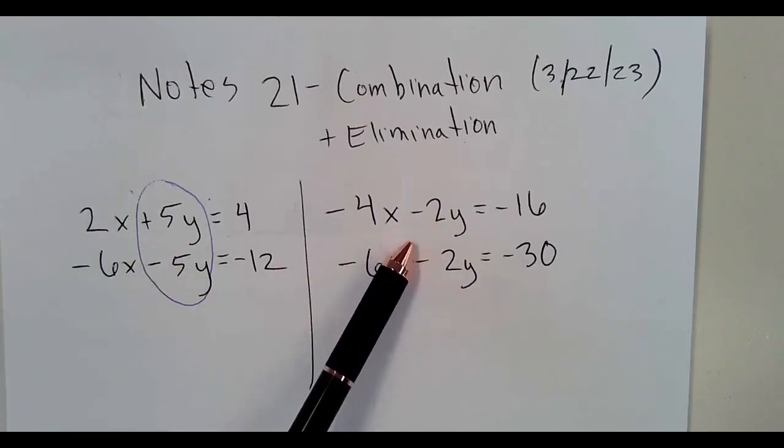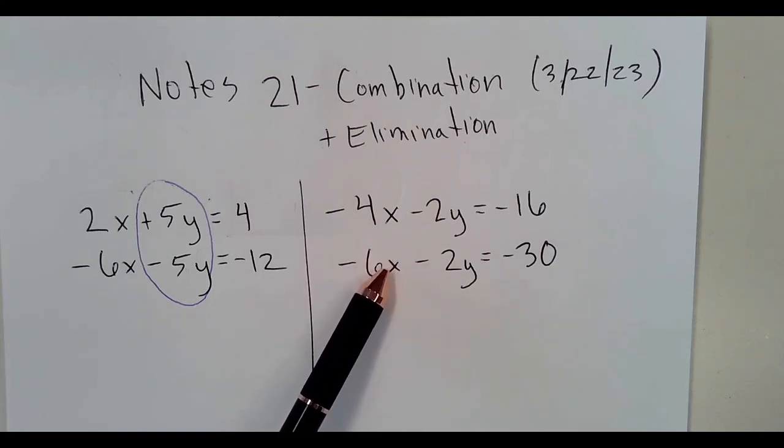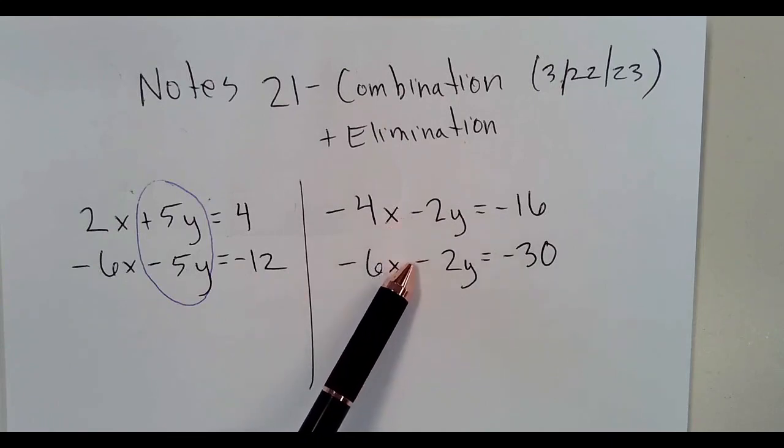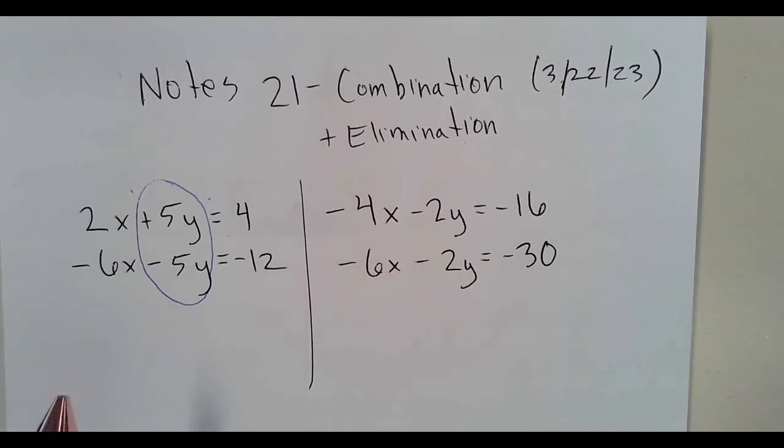This right here is the same coefficient. It's not opposite. See this? Plus minus, and see this? Minus minus. So what we need in the second one is what? We need a plus and a minus, or a minus and a plus, whatever. So one of them needs to change.